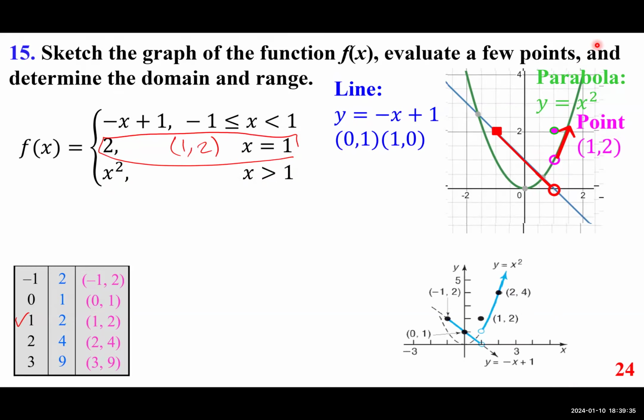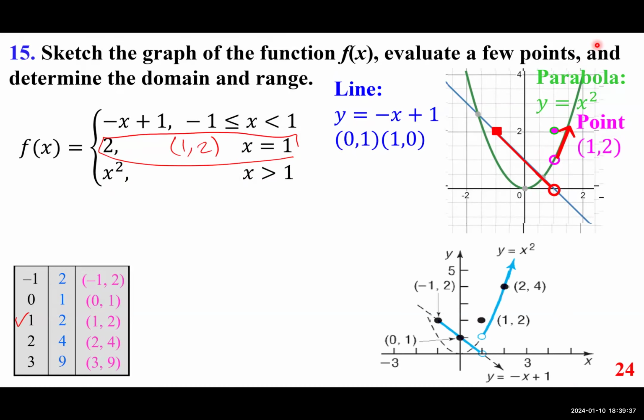Now, that means the following graph. This whole line, we have a portion of it. The left endpoint is included. The right endpoint is not included. This parabola, we have it from here to infinity, and the beginning is not included because we have (1, 2).